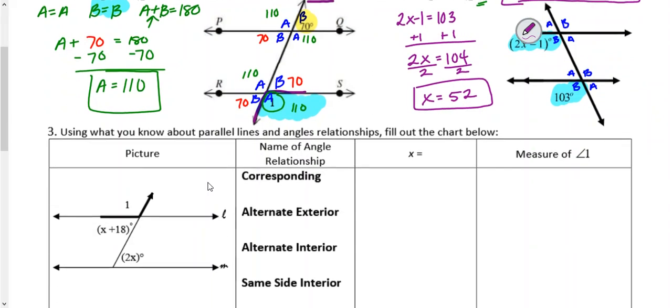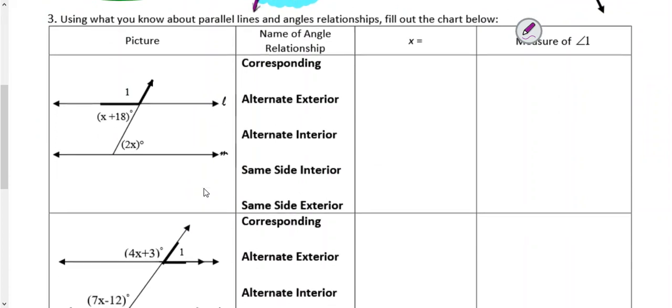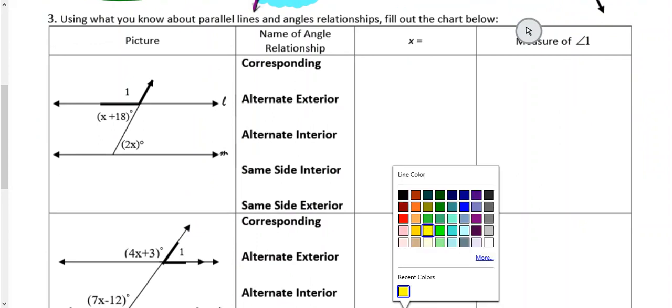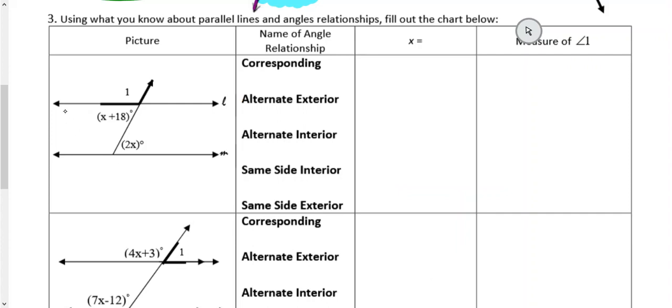Okay, problem number 3 is a chart. And this is our vocab with our angles. Remember, in your packet, we started highlighting our box. So here are my lines. I'm going to highlight them.